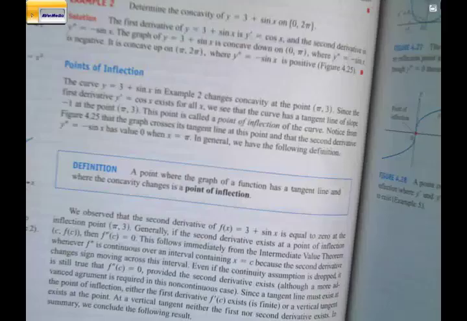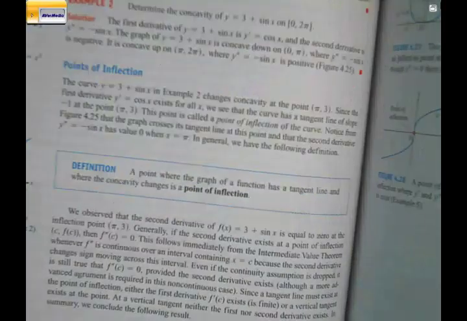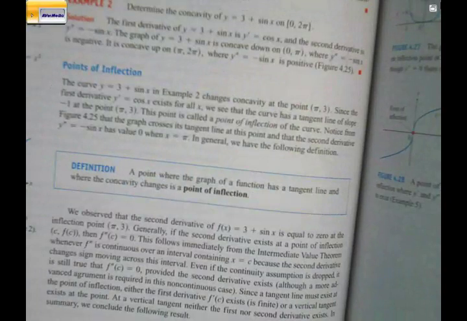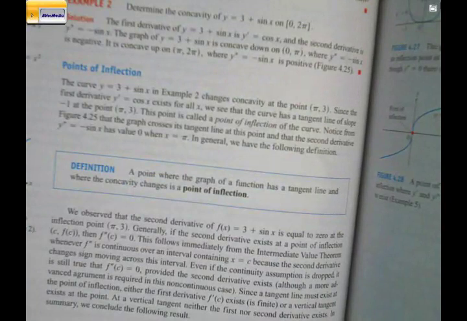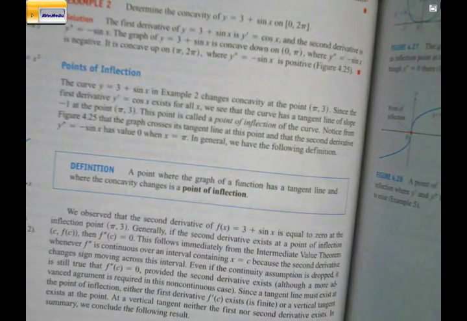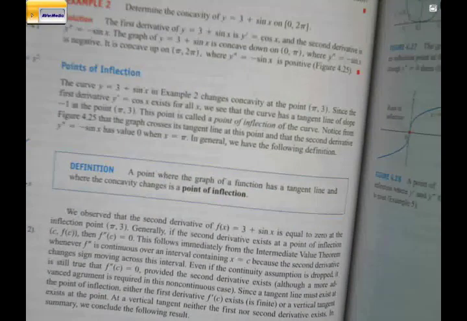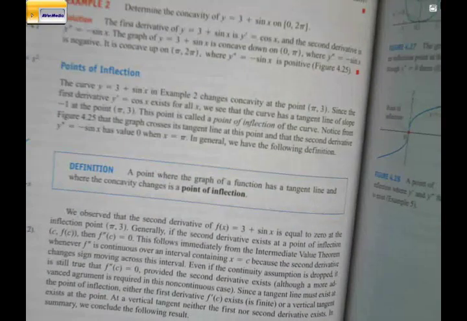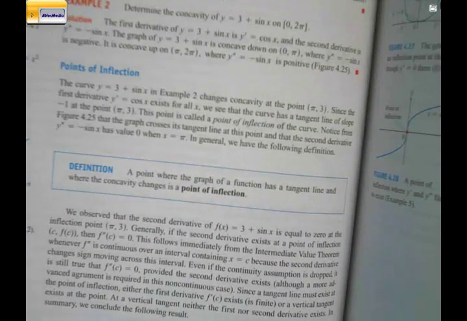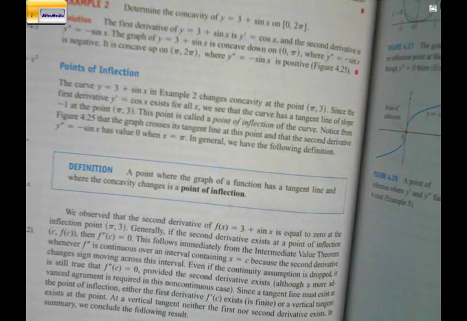And it says, a point where the graph of a function has a tangent line and where the concavity changes is a point of inflection. When it says it has a tangent line, that means it's differentiable there, pretty much. So a point where the graph of a function has a tangent line and where the concavity changes is known as a point of inflection.